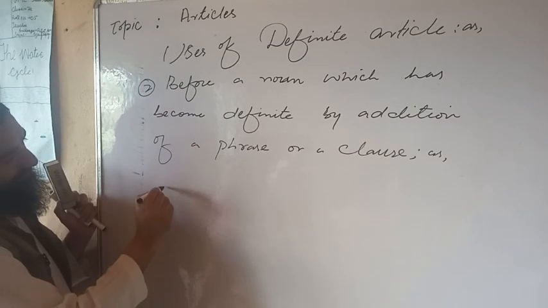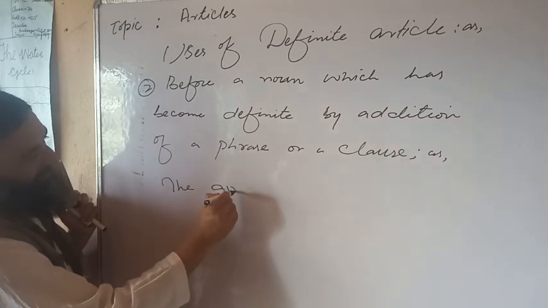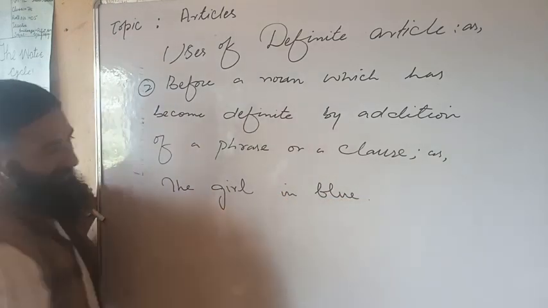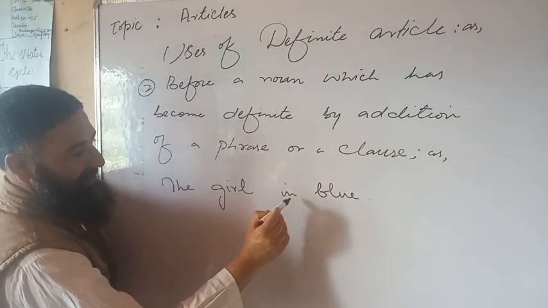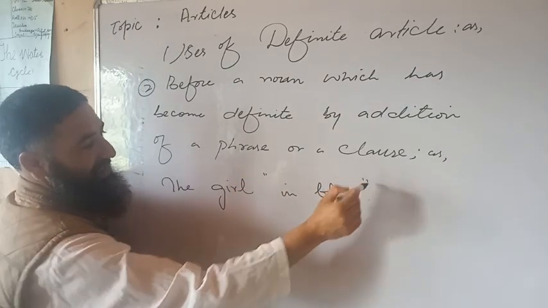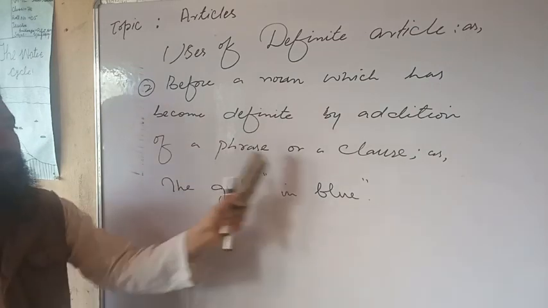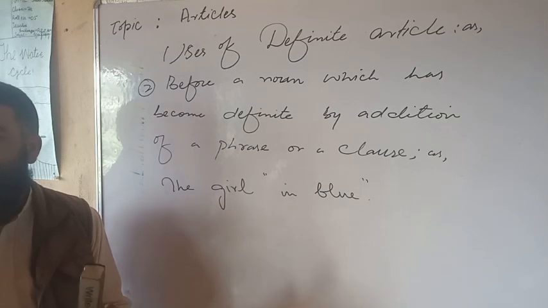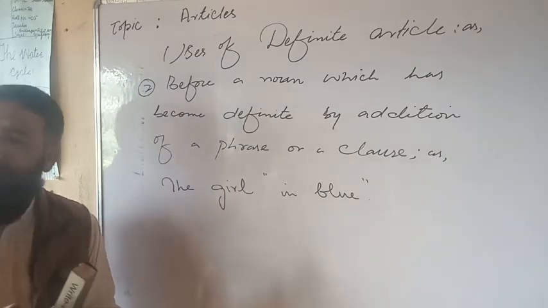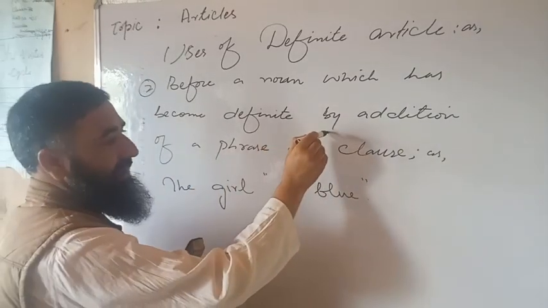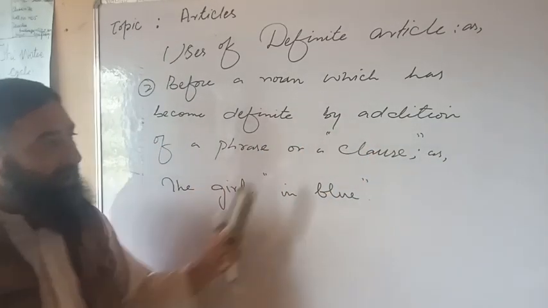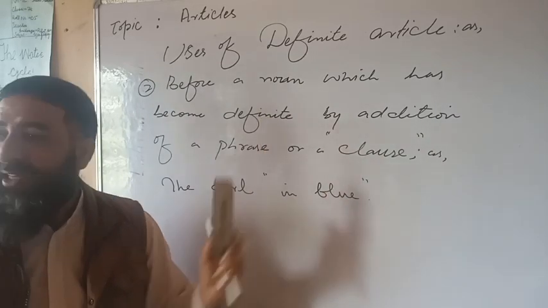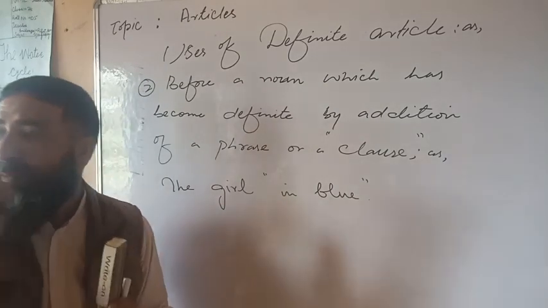For example, the girl in blue. See, tell me, this in blue, is it a phrase or a clause? What's the difference between a phrase and a clause? A phrase is a group of words which has some meaning but not complete sense. On the contrary, a clause is a group of words that makes complete sense and has its own subject and predicate.